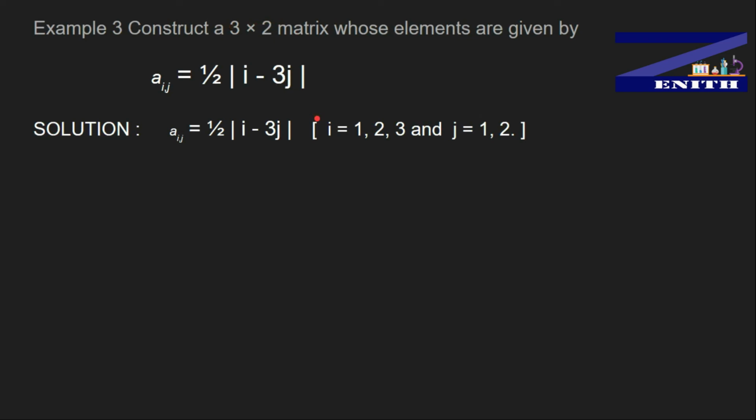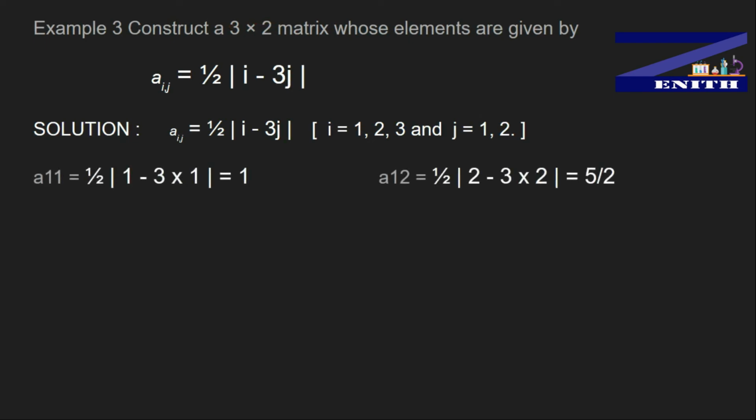Now it's very easy, you just have to do some mathematical work. First of all, we want to take the elements of first row and first column, first row and second column. Just put 1 in place of i and 1 in place of j, and you will find this. Put 1 in place of i and 2 in place of j, and you will find this.